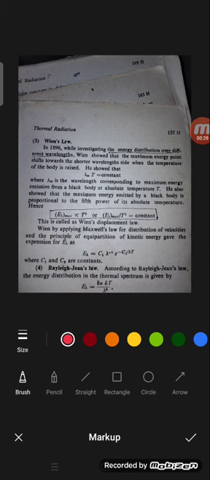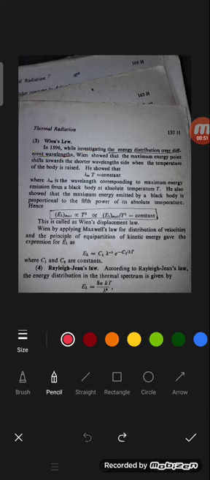So now coming to the main law, that is Wien's law. Wien's law explains the energy distribution over the different wavelengths. Wien showed that the maximum energy point shifts toward the shorter wavelength side when the temperature of the body is raised.